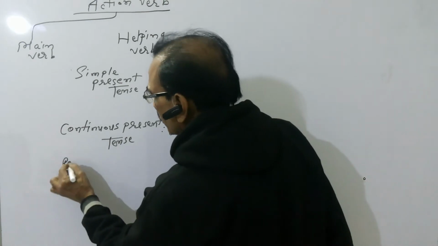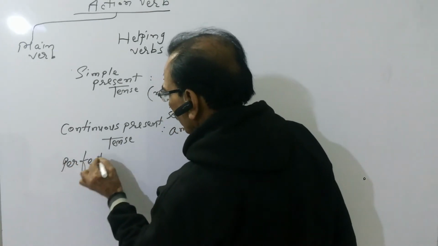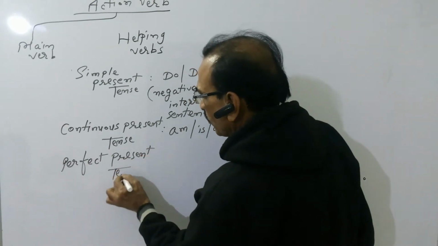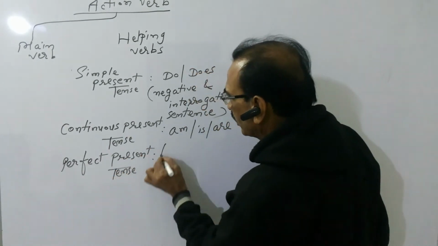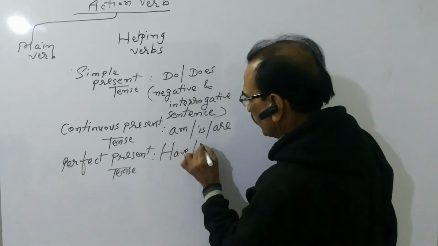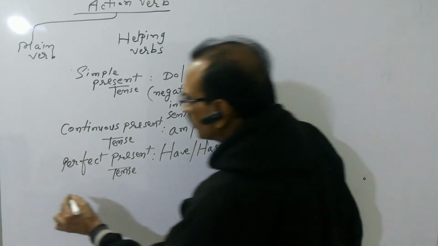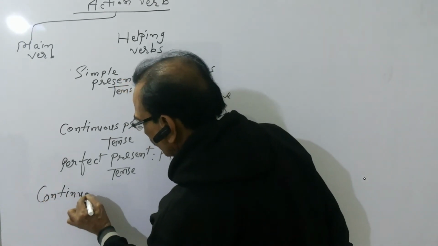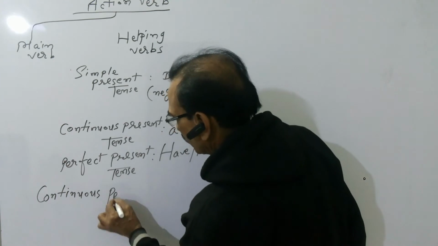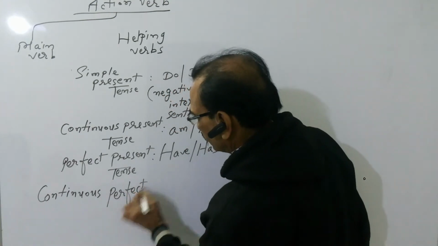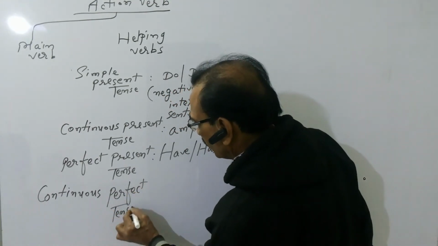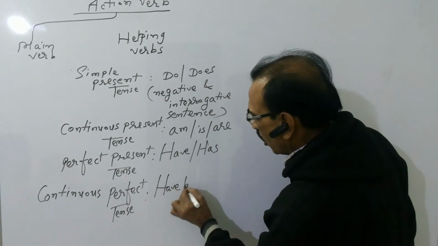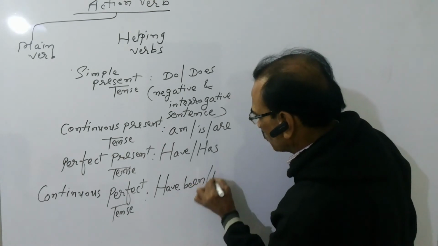Whereas in perfect present tense, the helping verbs are have and has. In continuous perfect present tense, the helping verbs will be have been or has been.